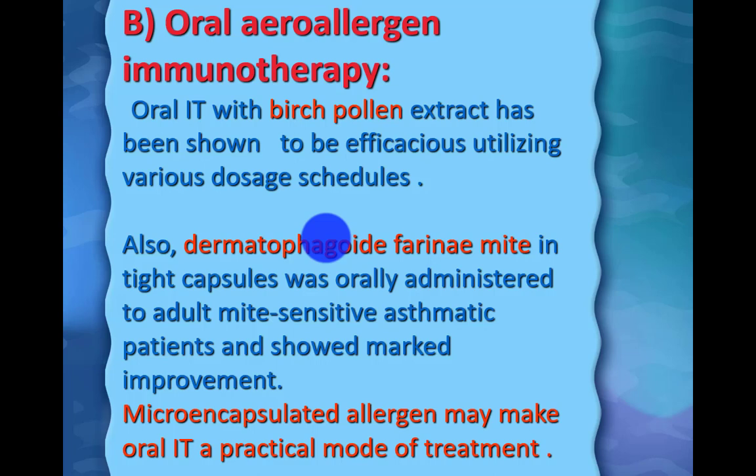Oral IT with birch pollen extract has been shown to be efficacious utilizing various dosage schedules. Also, Dermatophagoides pteronyssinus in enteric capsules was orally administered to adult mildly sensitive asthmatic patients and showed marked improvement. Microencapsulated allergen may make oral IT a practical mode of treatment.